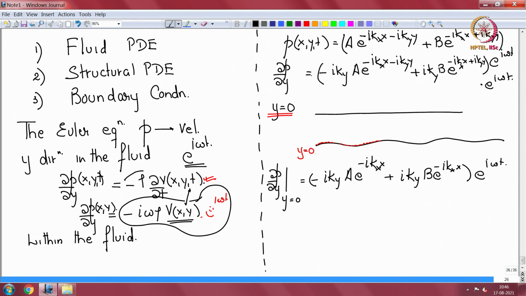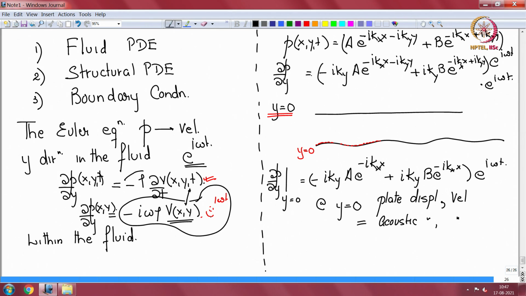Now, what we say is that at y equal to 0, the panel displacement or plate displacement and velocity are equal to acoustic particle displacement and velocity.